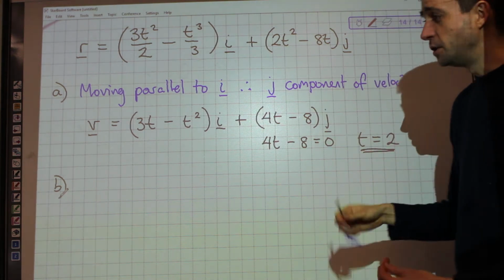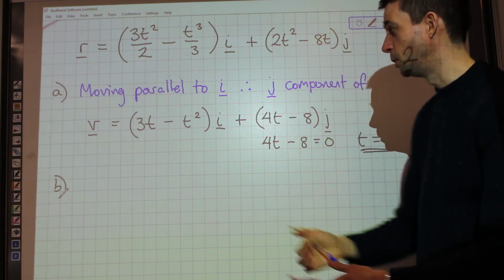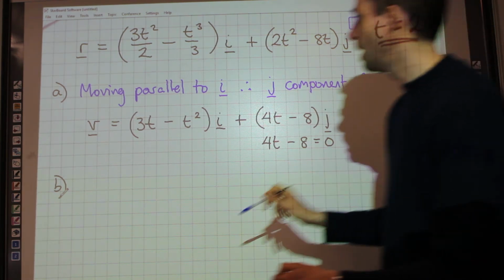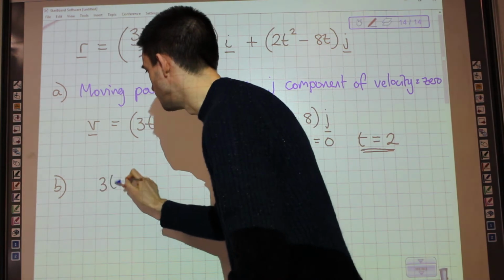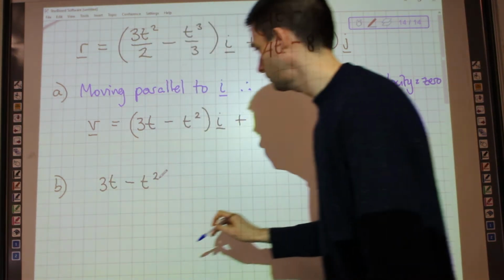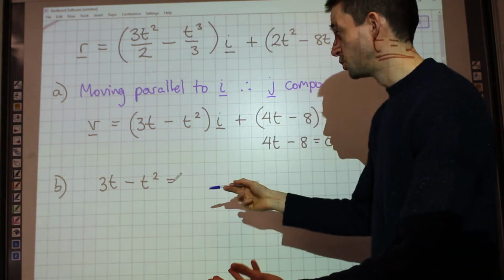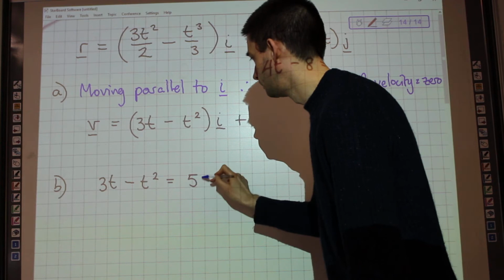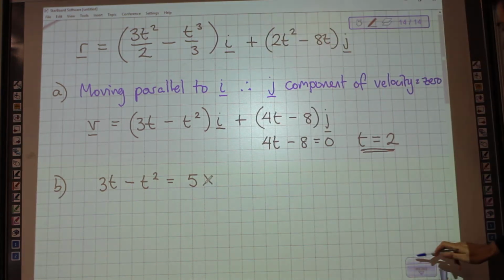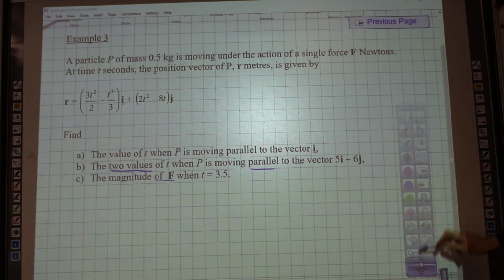And what I'm going to do, and you'll be familiar with doing this with vectors as forces, with the stuff that you would have done in your first year A level, is I'm going to say the i component, 3t minus t squared, is going to equal a multiple of 5, because it's parallel to 5i minus 6j.